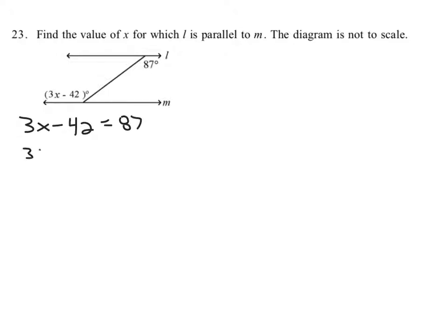And then we're going to take this side and add 42 to it, and we're going to take this side and add 42 to it. We did that because it's an inverse operation, so it undoes it. So we just get 3x left.